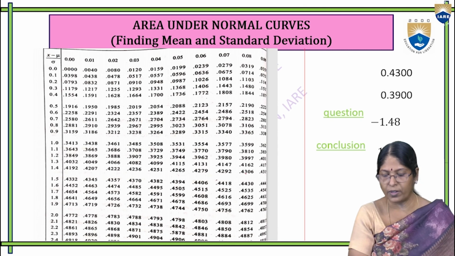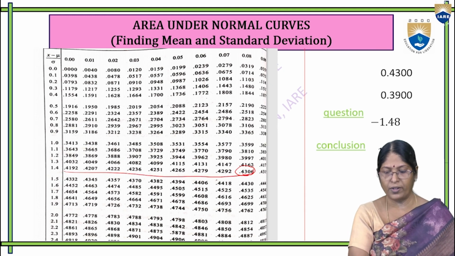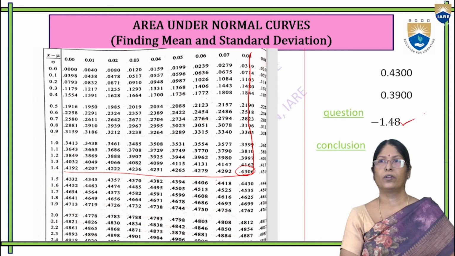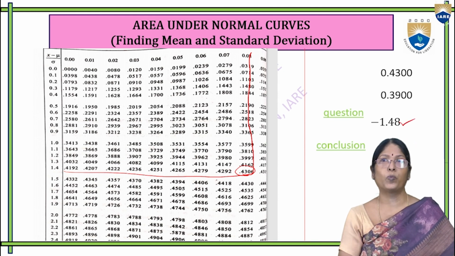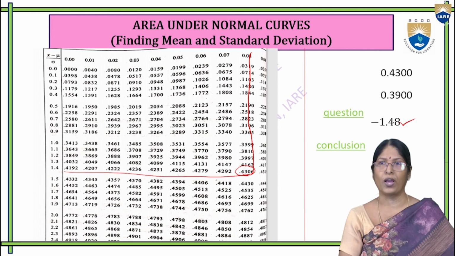Here we can see it. Here one is there. Yes, correctly it is our data. Yes, 1.48. So in this way, using the normal distribution table, if mu and sigma are not given, this is the way we have to proceed.